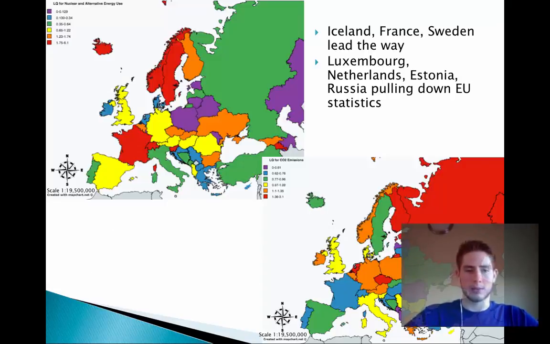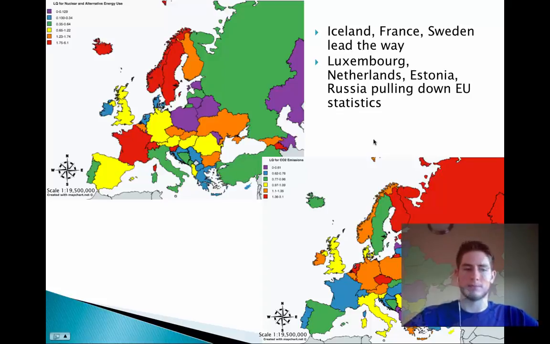So looking at the two maps side by side, obviously you want to be red up here with high alternative and nuclear energy use, and then preferably be violet, blue, green. So really, Iceland, France, and Sweden are leading the way on that front.